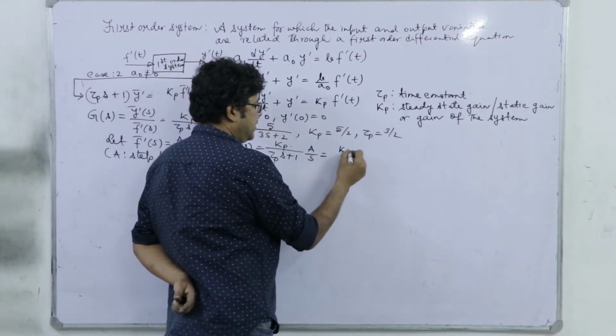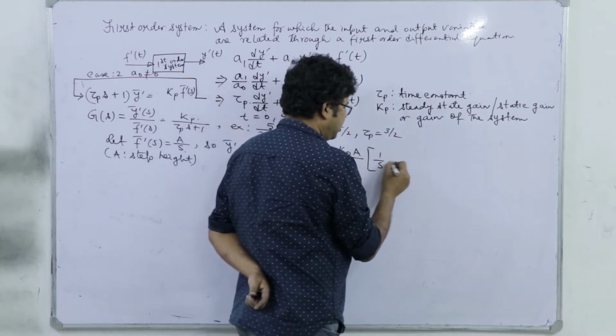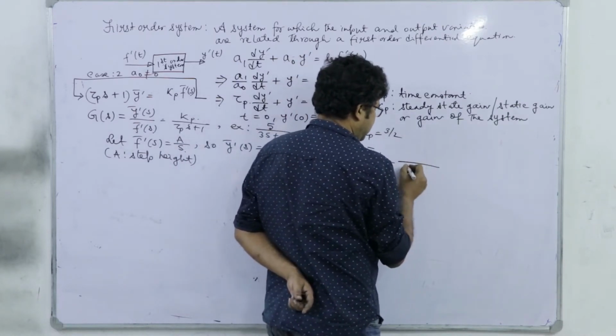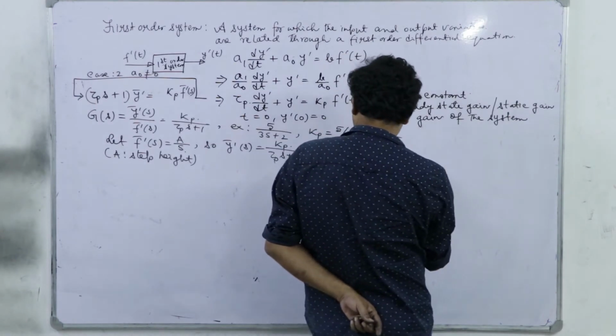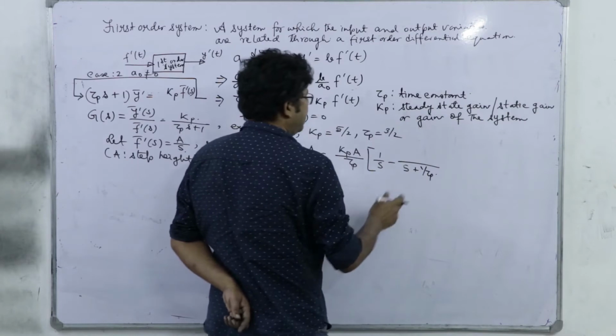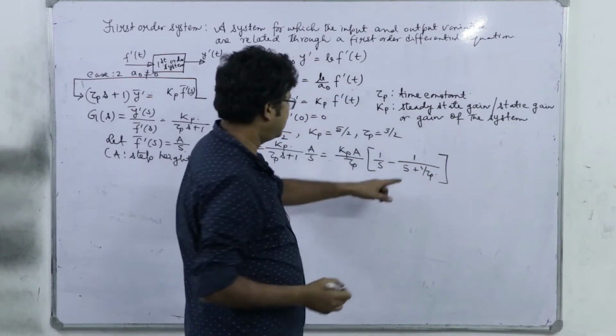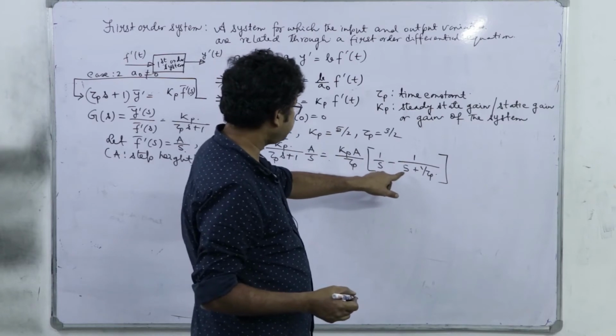So it is Kp into A divided by tau p, 1 by s minus 1 by s plus 1 by tau p. We are taking tau p common. So here it is 1. So you see what will happen now.